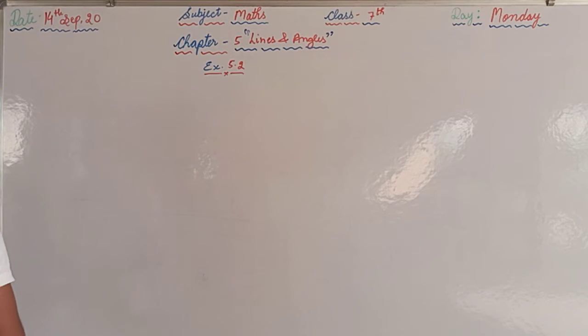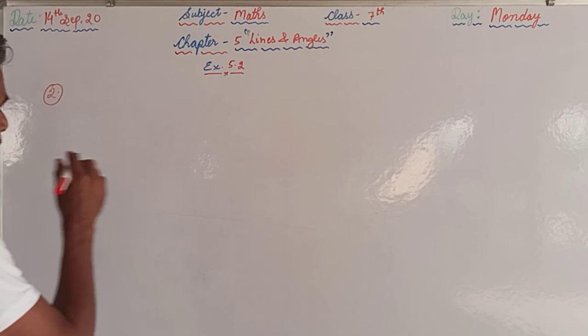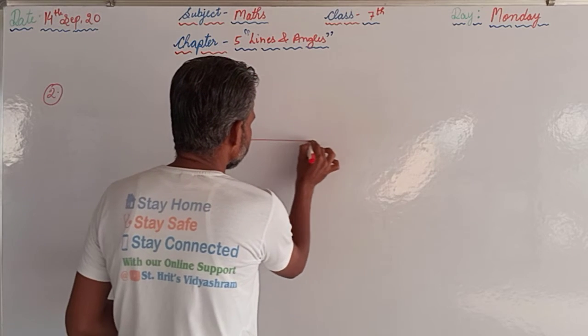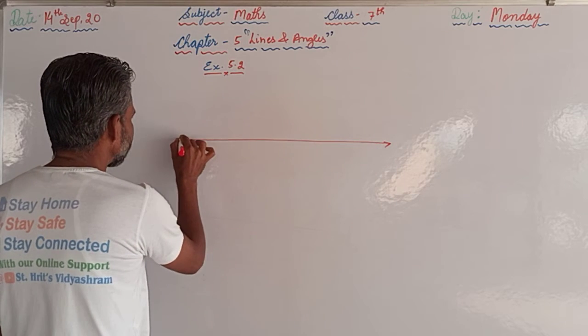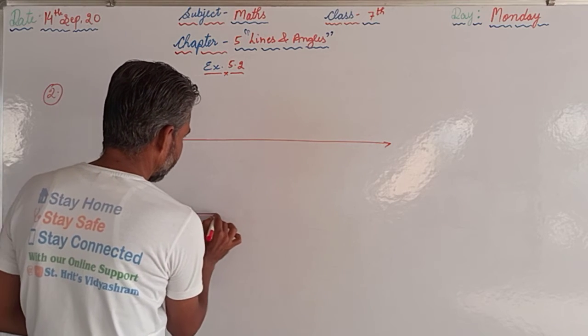In question number 2, in the adjoining figure, identify the pair of corresponding angles, the pair of alternate interior angles, the pair of interior angles on the same side of the transversal, and the vertically opposite angles. So what I will do, I will make the diagram first of all, that is the sum of the big one, so that you can understand easily.